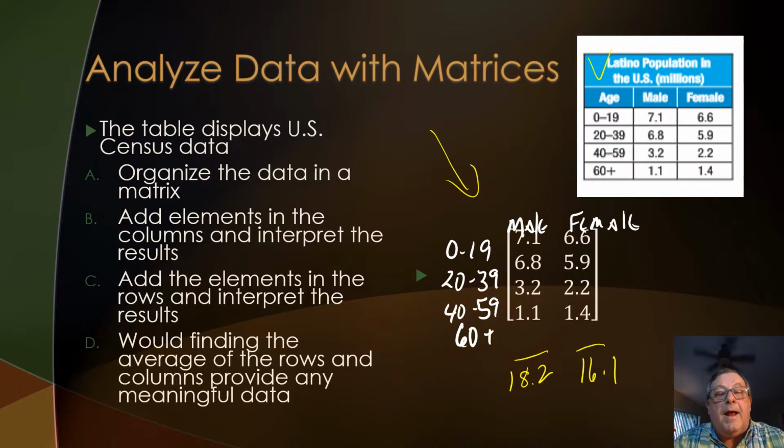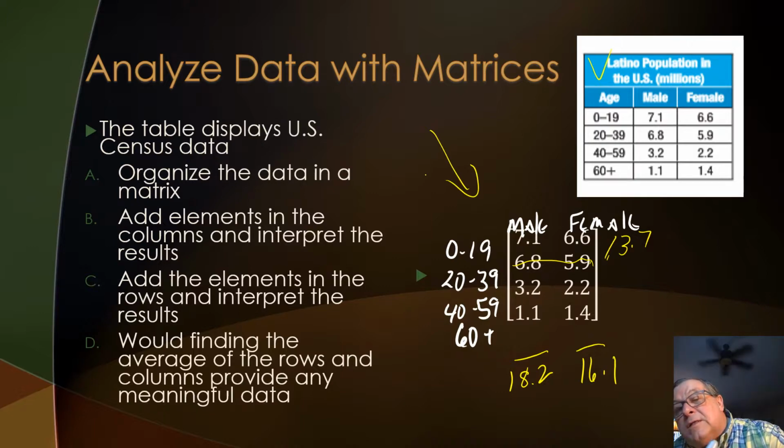Okay, cool. Now, what about add the elements in the rows? Well, we're just going to add row by row. So between 0 and 19 years of age, we've got 7.1 plus 6.6. That's 13.7. Between 20 and 39, we've got 6.8 plus 5.9.